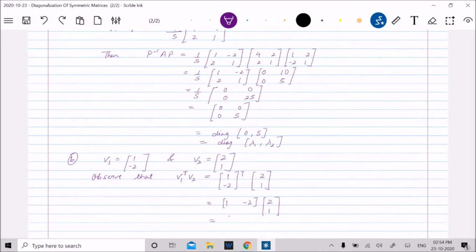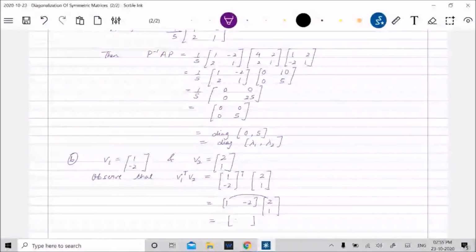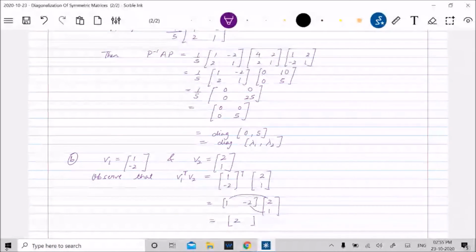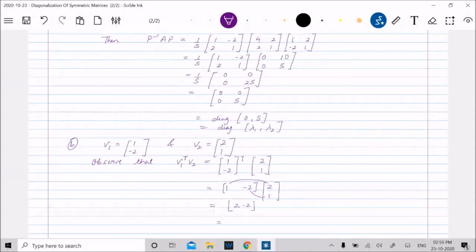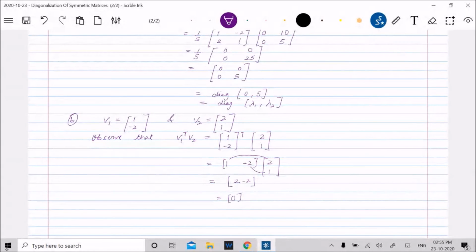You already make a structure like 1 cross 1, you multiply like this, 1 into 2 is 2, and minus 2 into 1 is minus 2, so that minus 2, that gives you what? That gives you 0 actually, number 0, and this number 0 is a 0 matrix. I will write it as bold 0 like this, dark 0.